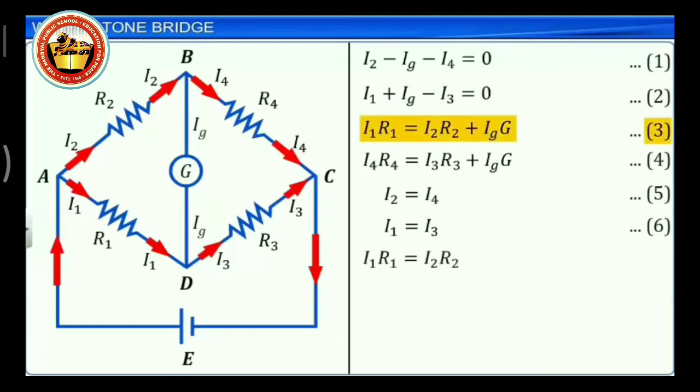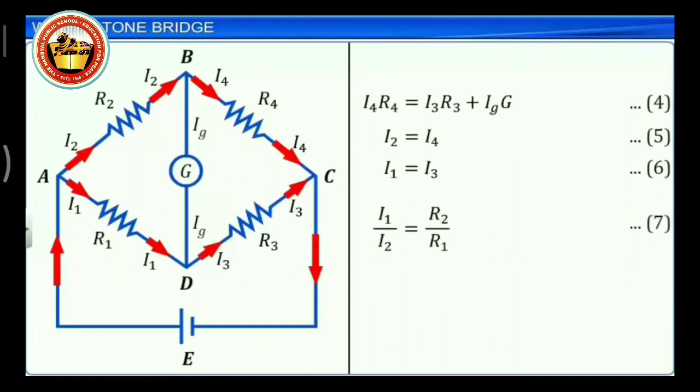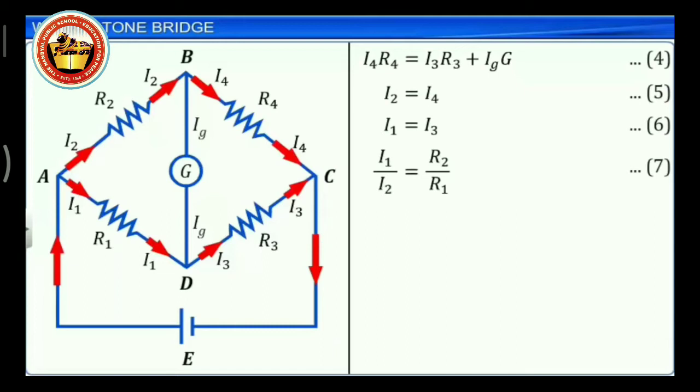We can get I1 R1 is equal to I2 R2, so I1 by I2 is equal to R2 by R1. Equation 7. From 4, I4 R4 is equal to I3 R3. With Ig value 0, I3 by I4 is equal to R4 by R3. Equation 8.